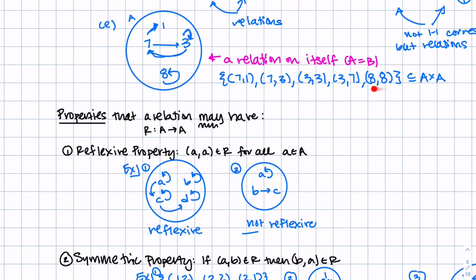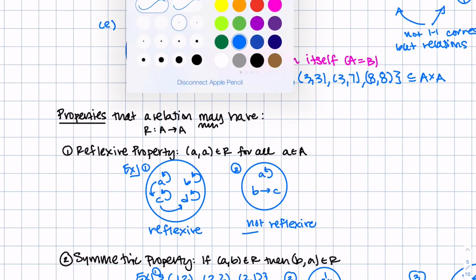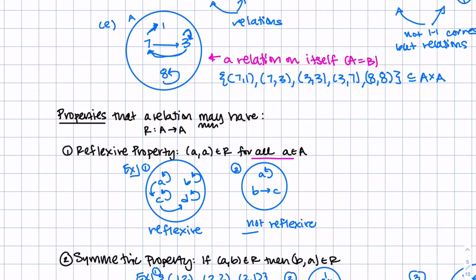I saw that 8 comma 8 showed up when I wrote down the list of elements, right? And so did 3 comma 3. But 7 comma 7 never showed up anywhere, and 1 comma 1 never showed up anywhere. So this is not reflexive. It has two elements that are mapped to themselves, but not all of the elements are mapped to themselves. And that's what it means for it to be reflexive, that all of the elements are mapped to themselves.